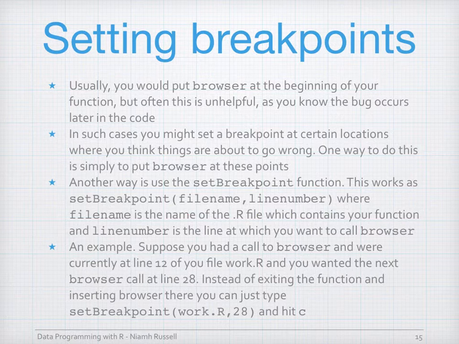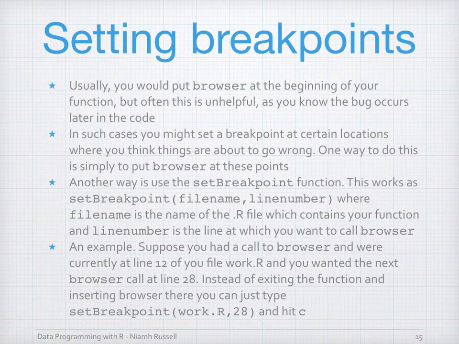Just to give you a simple example of where you might use it, you could say, for example, that you had a call to browser already, and you were currently at a particular line of your file, which in this case we'll say is just called work.R. So that's your script.